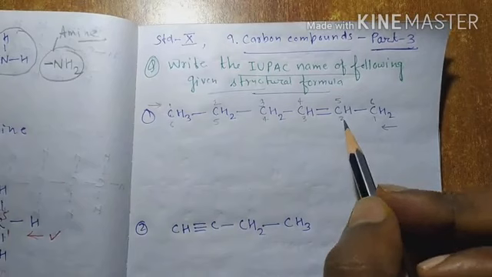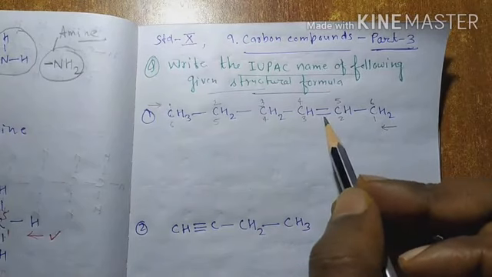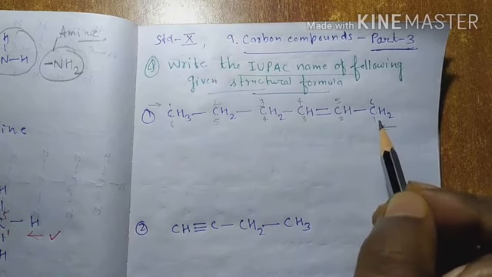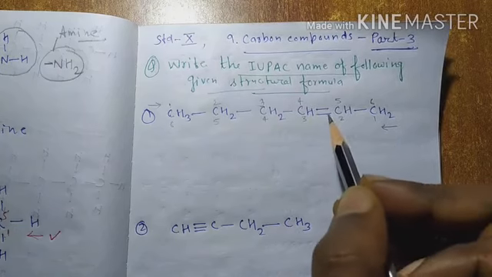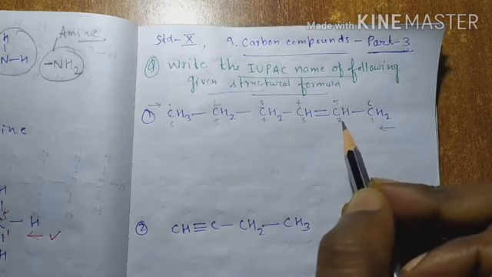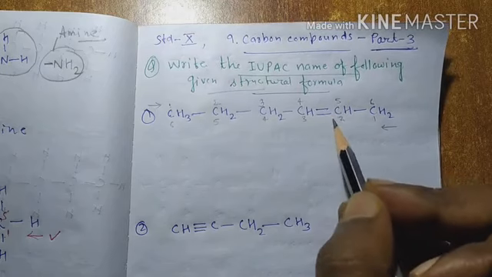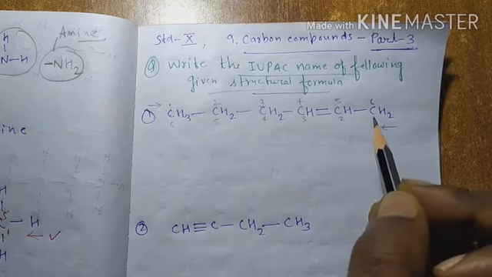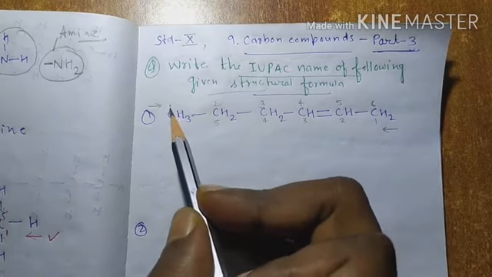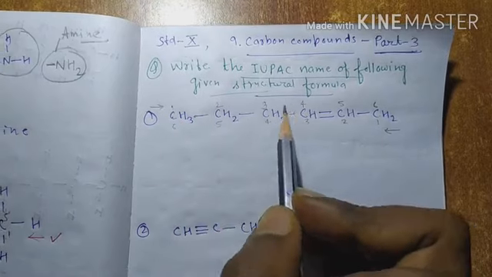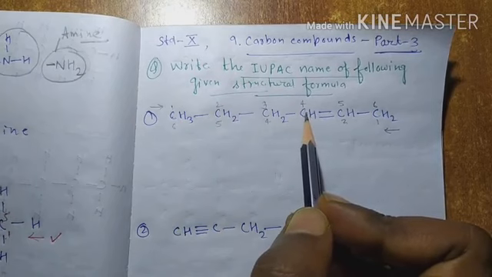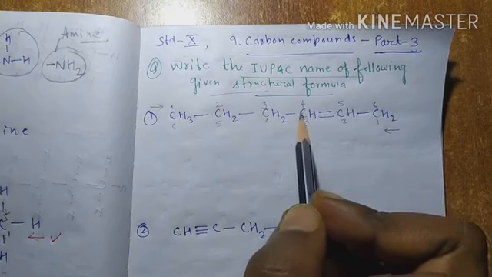So if we give the number from right hand side to left hand side, this double bond is coming on the 2nd carbon atom, or we can say this double bond is nearest if we give the number from right hand side to left hand side. If we give the number from left hand side to right hand side, the carbon atom nearest to the double bond is getting 4.